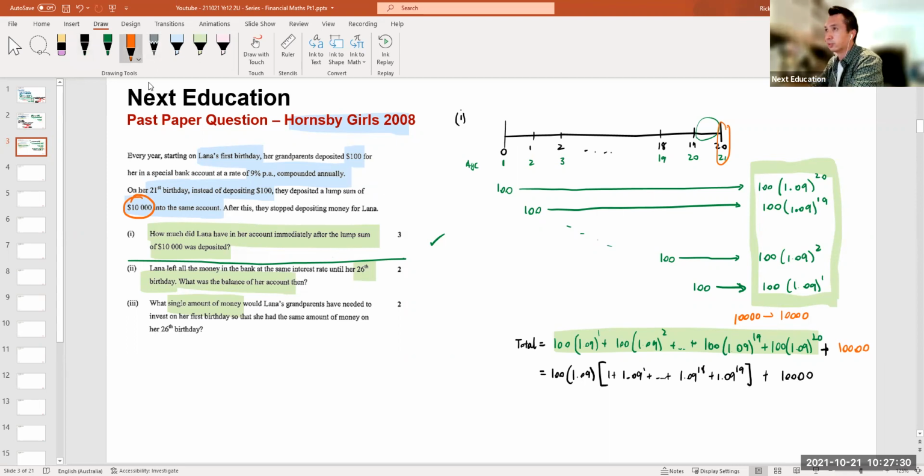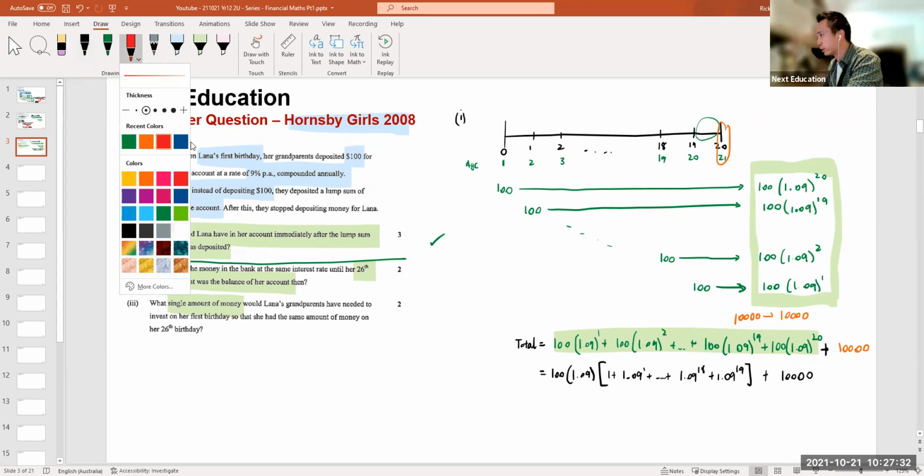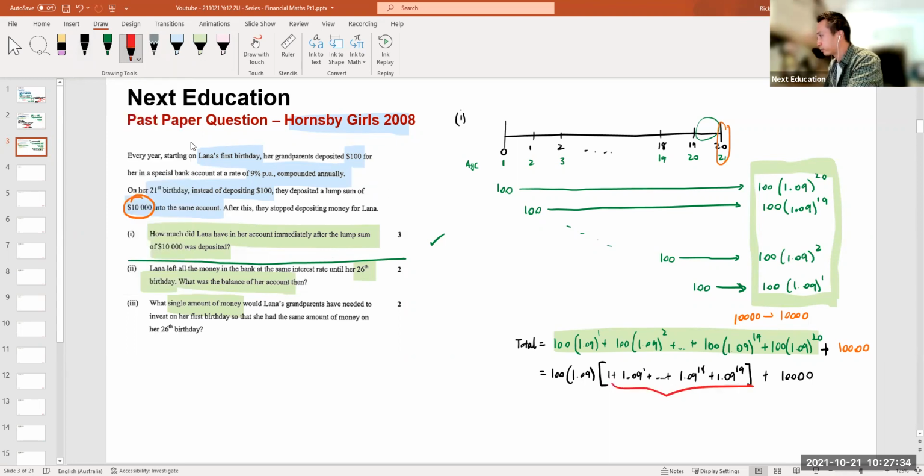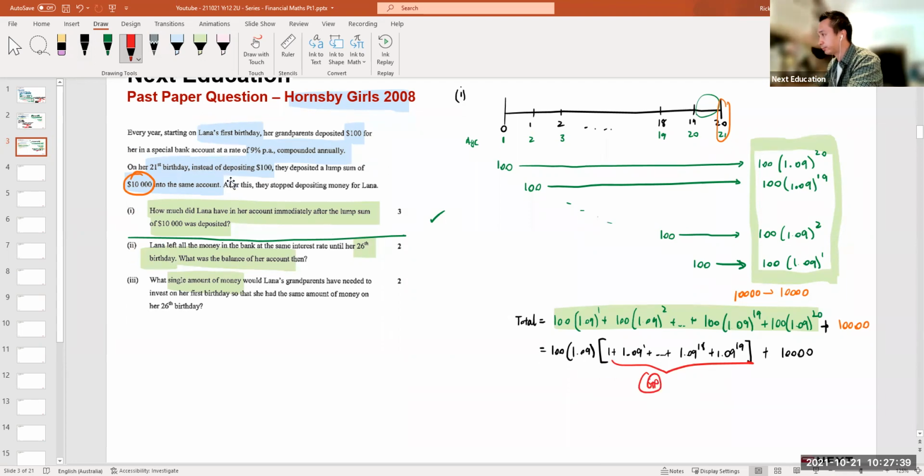Just like before, guys, we're going to treat this as a sum of the GP, where we identify that the a value is 1, r is 1.09, and n is 19 at the back, with the 1, that's 20 payments.